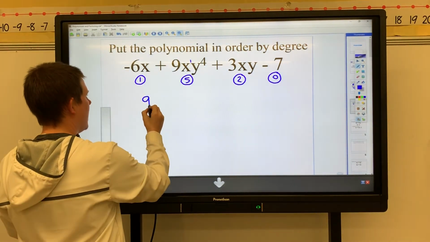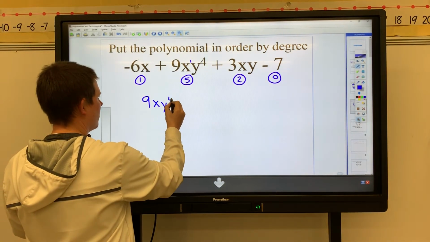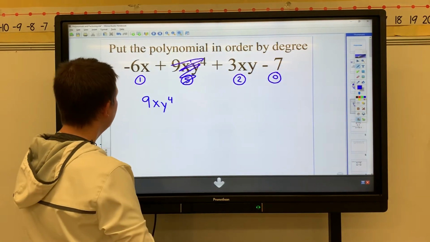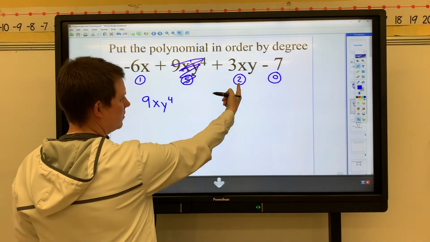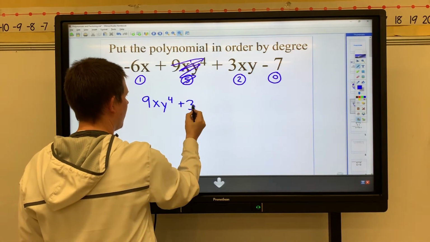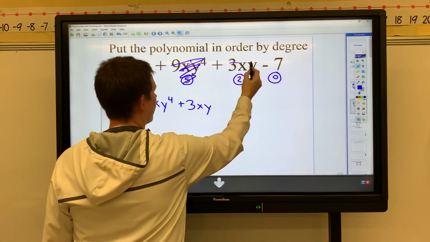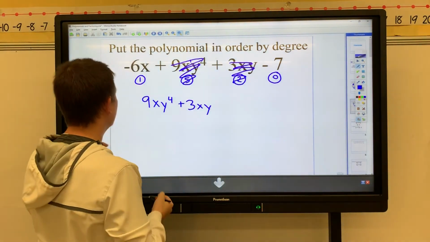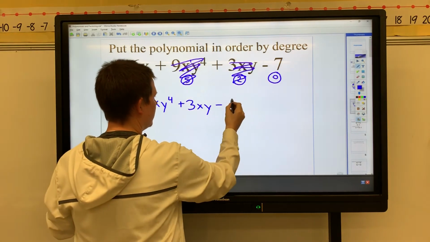So 9xy to the fourth. That has to go first. Okay, well the next biggest degree I have is 2, so that needs to go next. Now I have a degree of 1 and a degree of 0 next, so the degree of 1 goes next. That's a negative 6, so it's minus 6x.